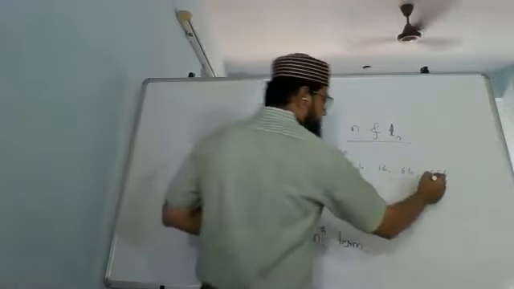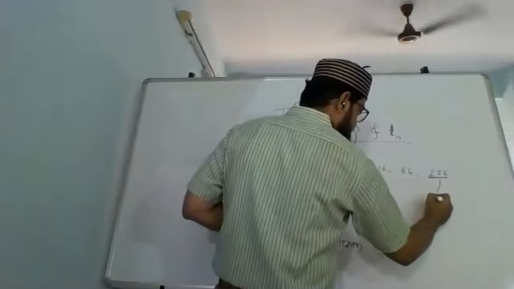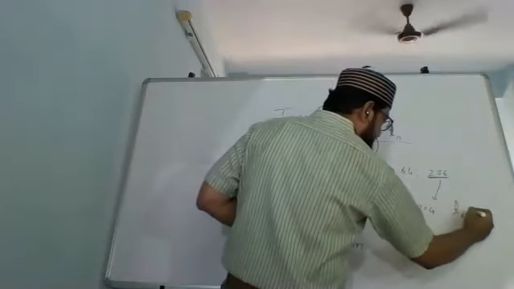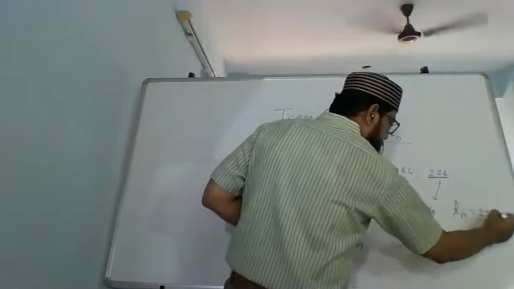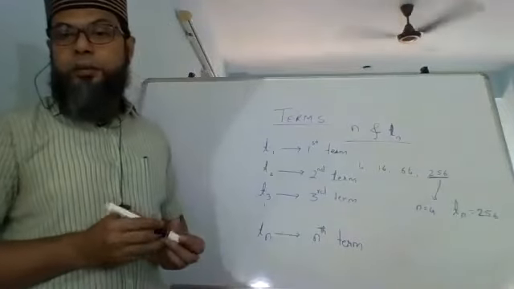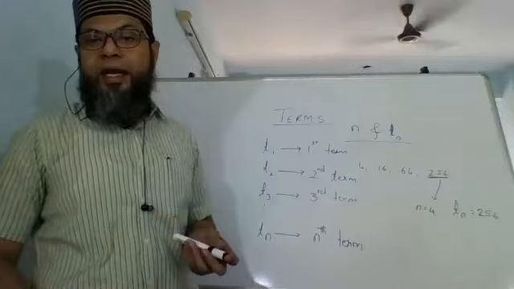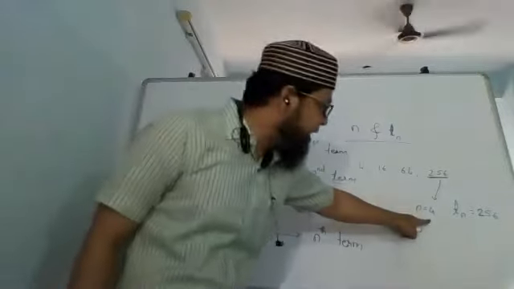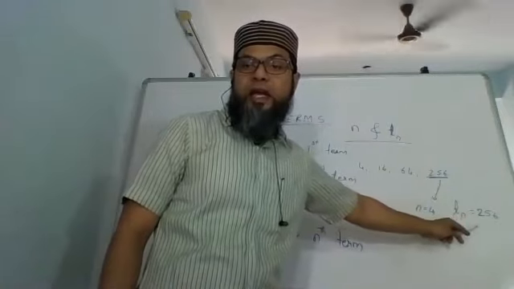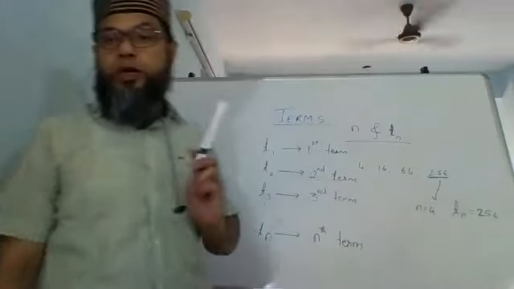In this case n equals 4, but Tn equals 256. So you have to be able to distinguish between the two, n and Tn. N is 4, but Tn is 256. That is what is important.